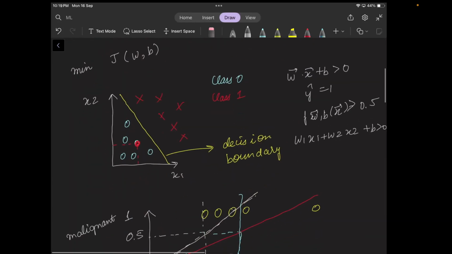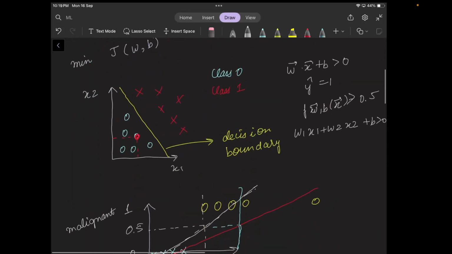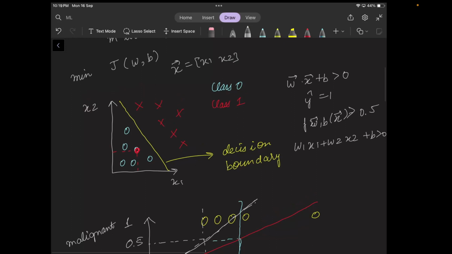If I have a two-dimensional input, I would have x1 and x2. The x vector would be x1, x2, and my w vector would be w1 and w2. Okay, w1 and w2 row vector only, we are taking the dot product. So w dot x plus b is greater than 0, so w1 x1 plus w2 x2 plus b is greater than 0.